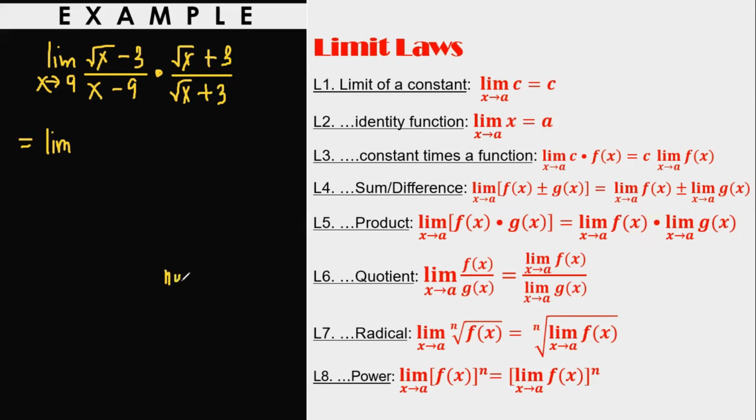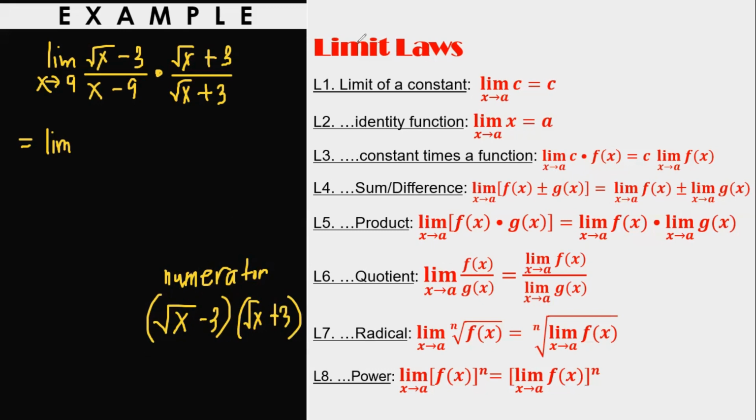The numerator. So the numerator we have here square root of x minus 3 times square root of x plus 3. Okay, so as you can see, we will just be using the FOIL method.